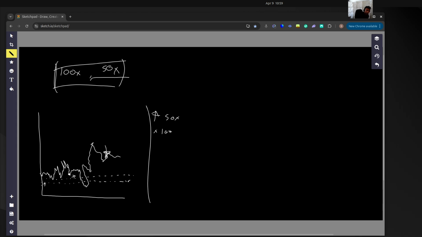So you get liquidated closer to the entry price here. You get liquidated closer to the entry price. So what you have to do is pick an appropriate leverage level so that whatever drawdown you experience, maybe this is the max drawdown here, your liquidation price is going to be below whatever max drawdown you have.